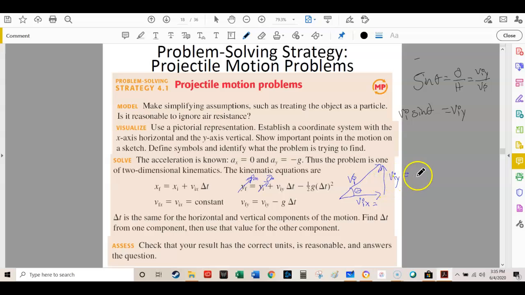In the x direction, cosine of theta is equal to adjacent over hypotenuse, and adjacent is VIX over VI. So VIX is VI, the initial launch velocity, times cosine of theta.